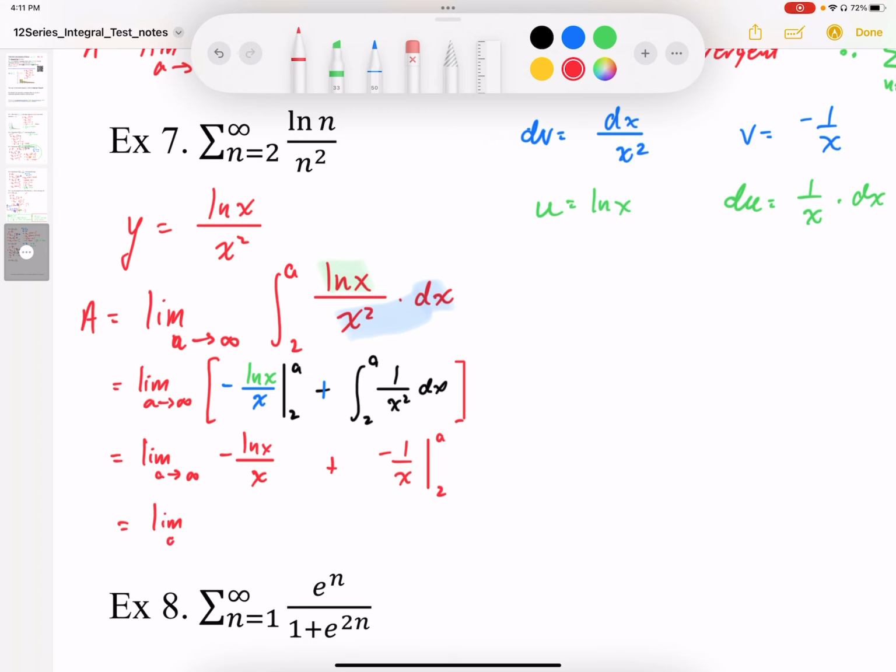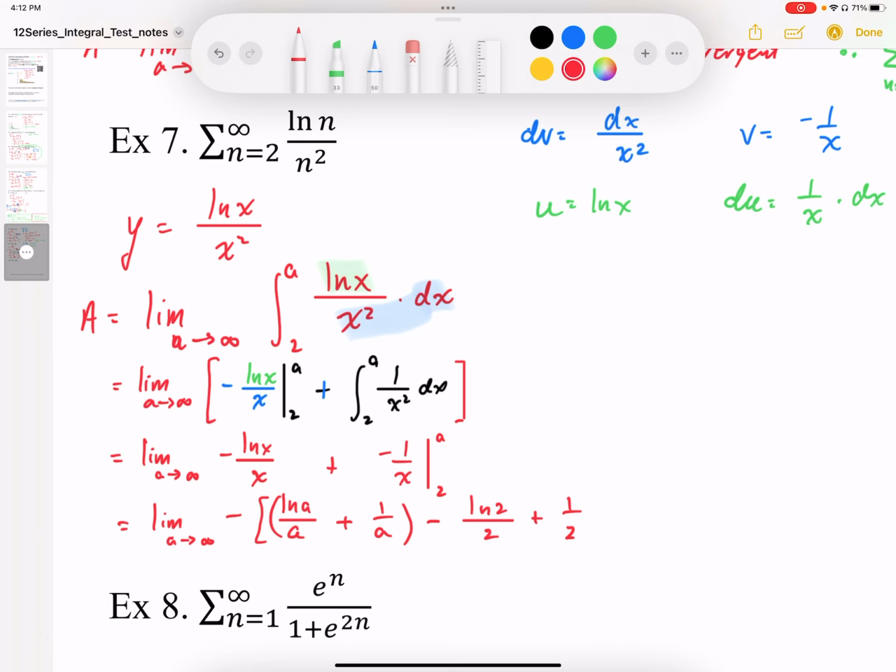I'm going to plug in my a into this expression. So I'm just going to factor the negative out. So log a over a plus 1 over a, and then that's going to be minus log 2 over 2 plus 1 over 2.